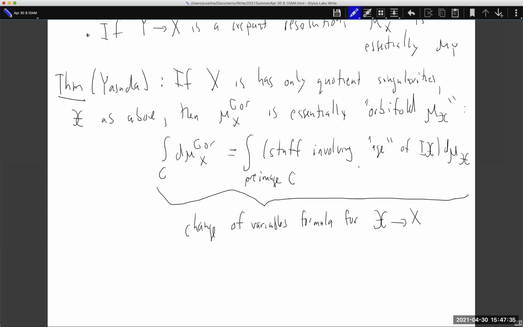But the point I'm trying to make is that the change of variables formula that Yasuda proved, which a priori didn't need to have knowledge of orbifold cohomology, just from the motivic integration perspective, is telling you how you should define orbifold cohomology. So if you didn't know how to define orbifold cohomology, this result would tell you how to do it, at least as a graded group.